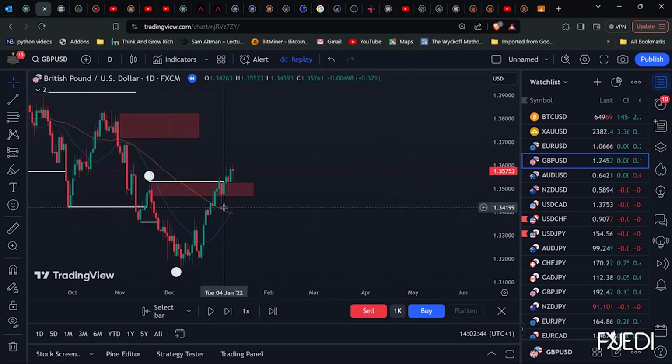Now, once you get better at this, you'd also be able to see the institutional leg of this market, and you'll be able to see that, yes, even though from a structural point of view we have lower lows and lower highs and lower lows and higher highs, this move here from an institutional leg can actually be one big lower low. And then this might all be the pullback, right?